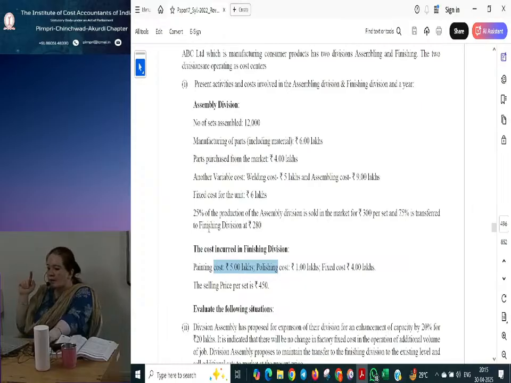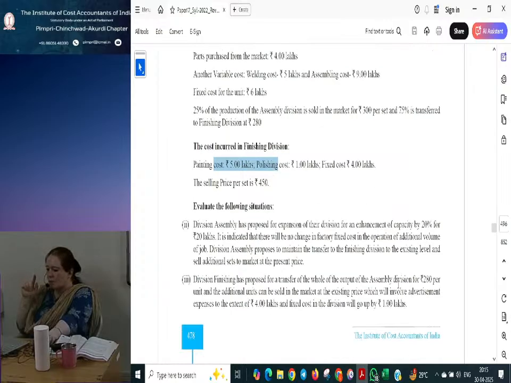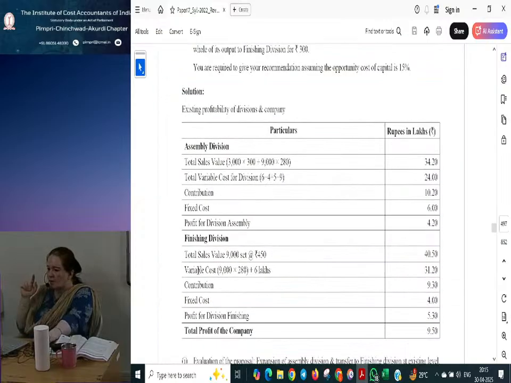And the transfer cost, 280 into 9,000, forms part of their variable cost. Did you understand how this transfer cost becomes part of its variable cost? Because that is the cost paid by the finishing division. Any confusion? Are you all okay? Then we have a fixed cost of 4 lakhs.